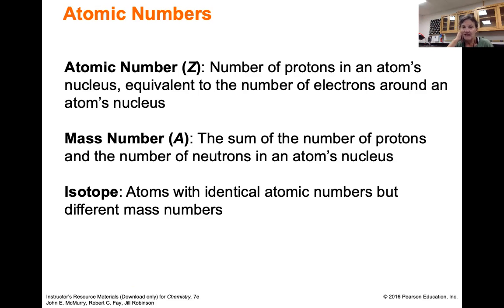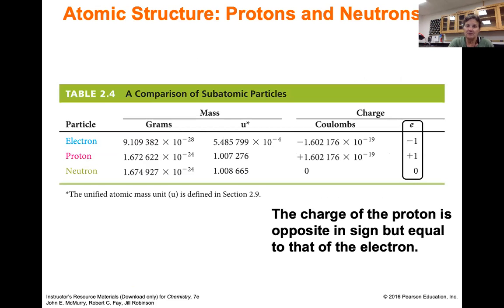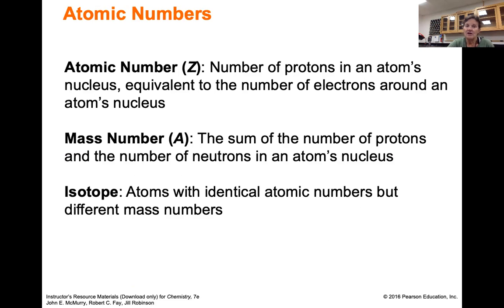The mass number A is the number of protons and the number of neutrons in the nucleus. So notice the protons and neutrons are very, very heavy. They make up most of the mass of the atom, and they are always in the nucleus. So the mass number tells you the total number of nucleons, they're called, protons plus neutrons.